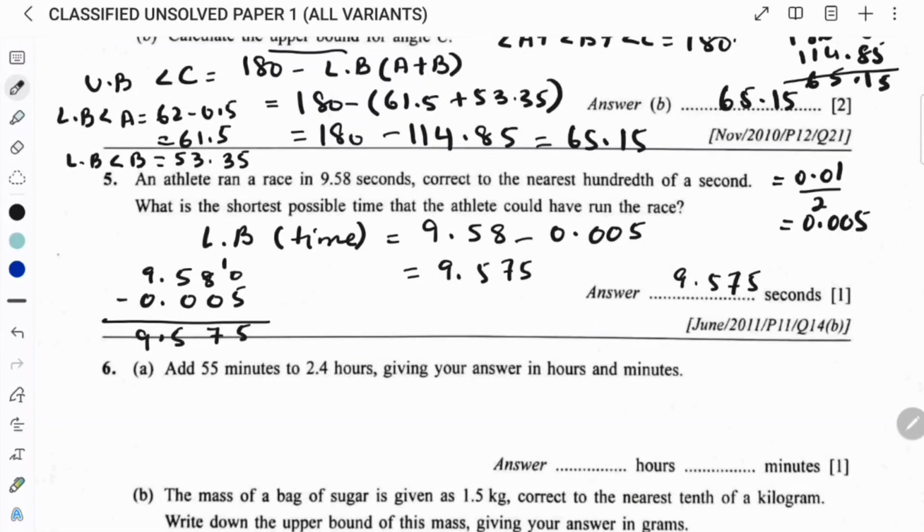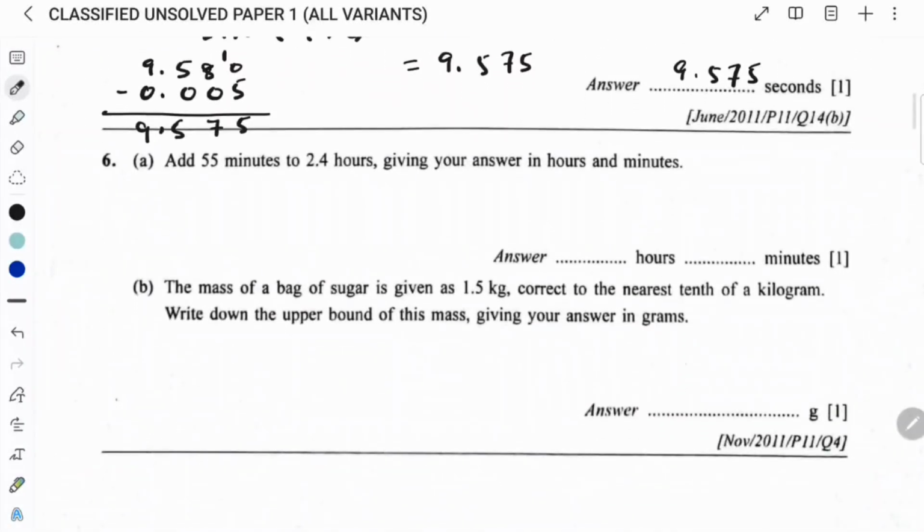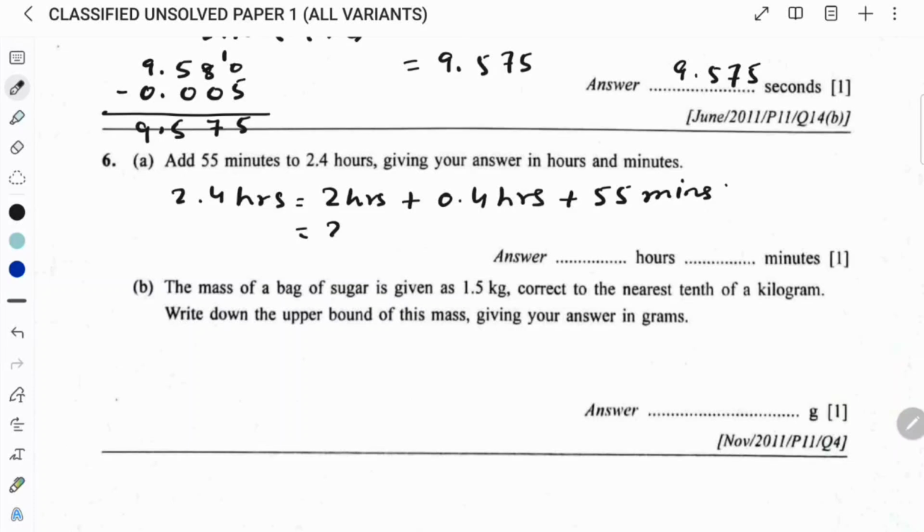Add 55 minutes to 2.4 hours, giving your answer in hours and minutes. So 2.4 hours means 2 hours and 0.4 hours. You are going to add 55 minutes to it.